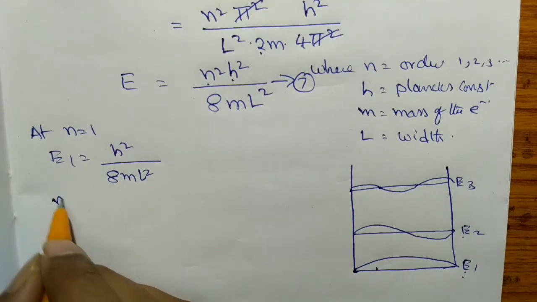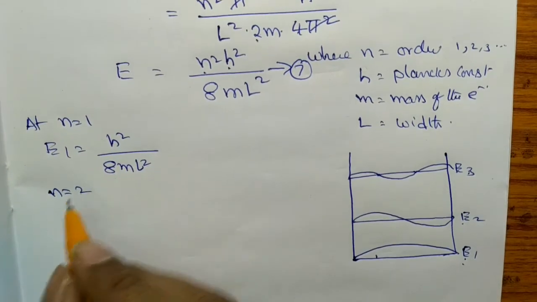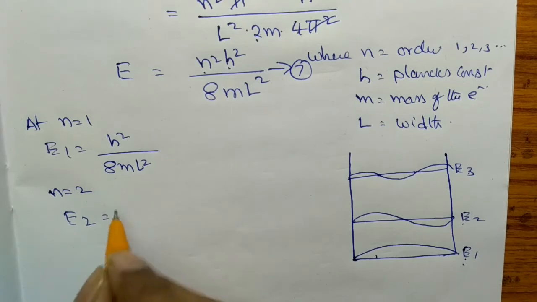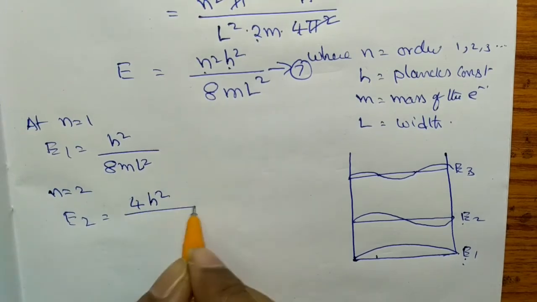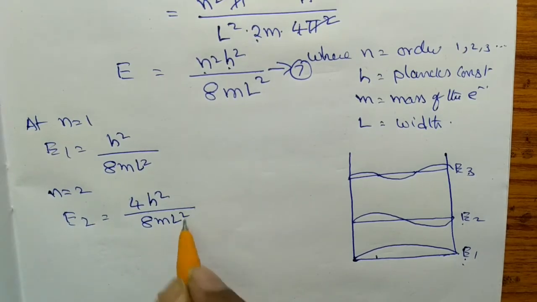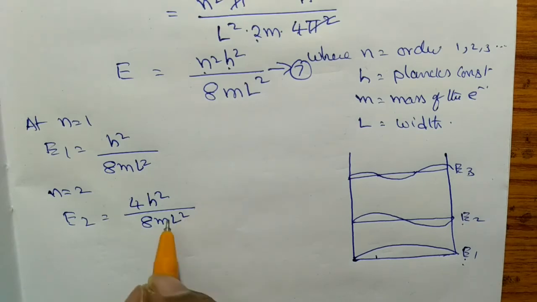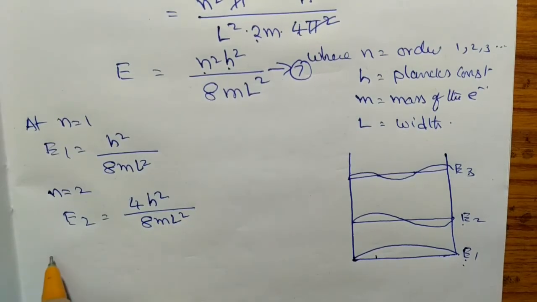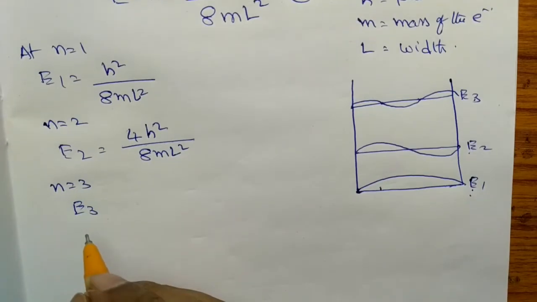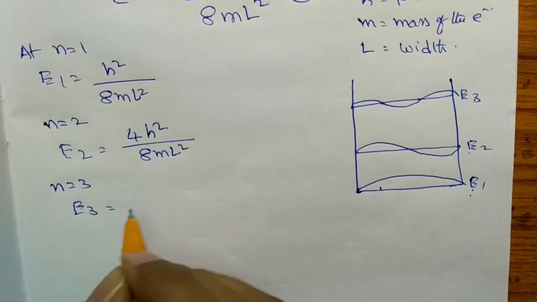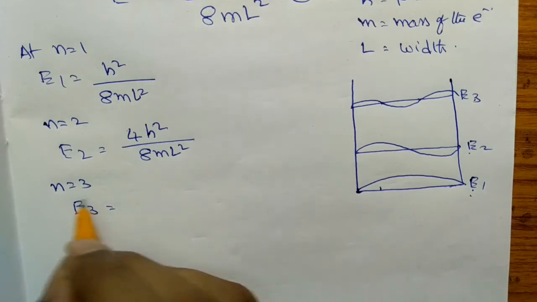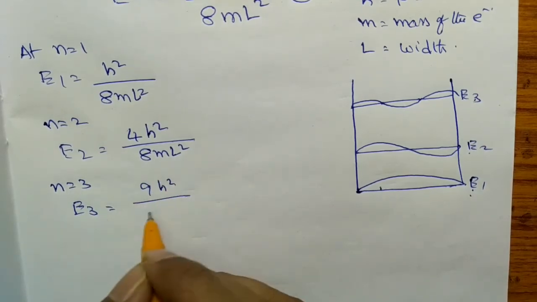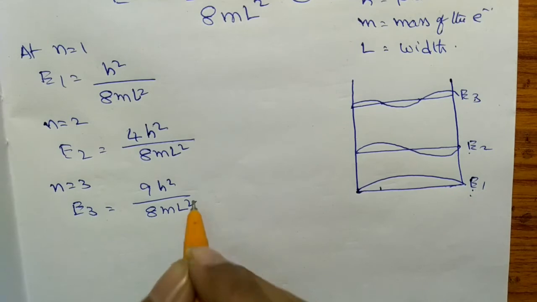Similarly, n is equal to 2, at second order, E2 is equal to 4 h square by 8 m L square, and at n is equal to 3, this is the third energy level, E3 is equal to 9 h square by 8 m L square.